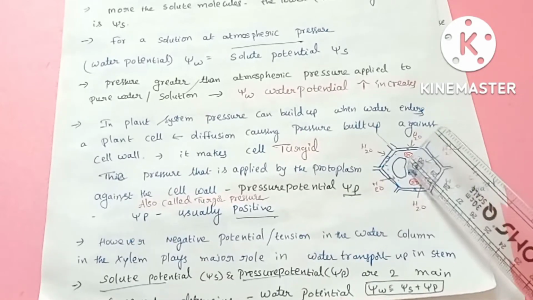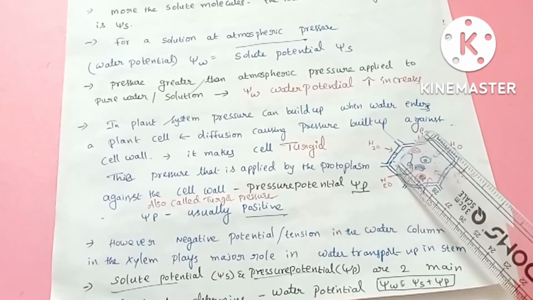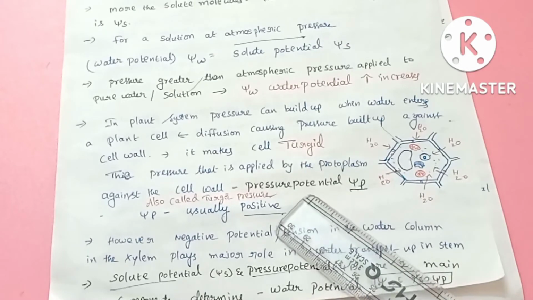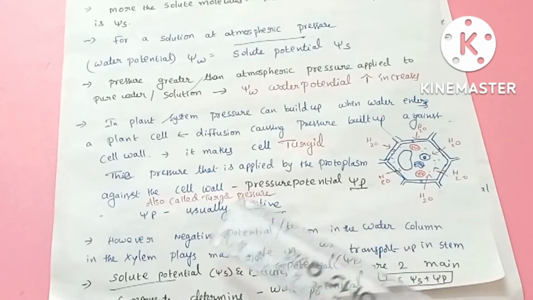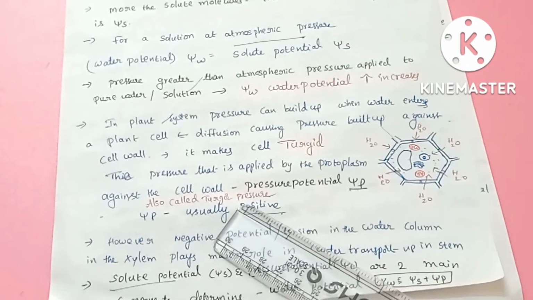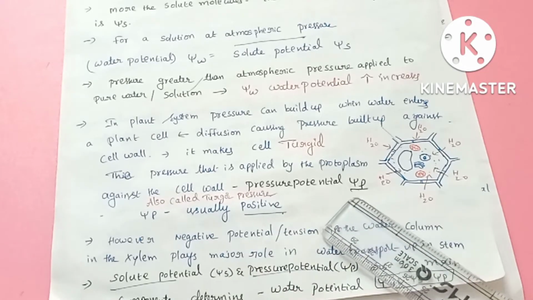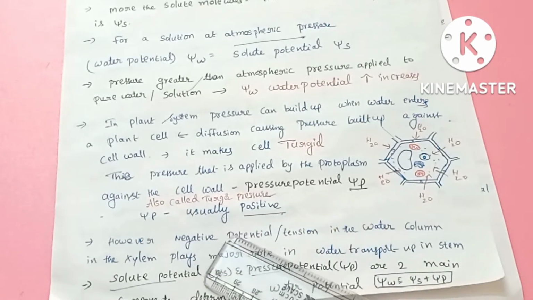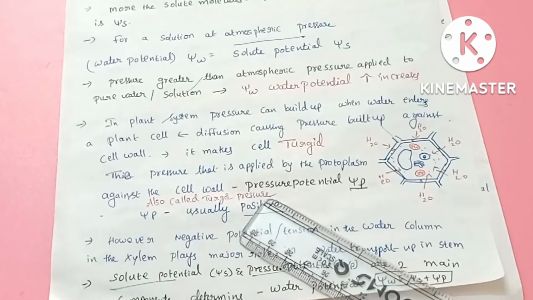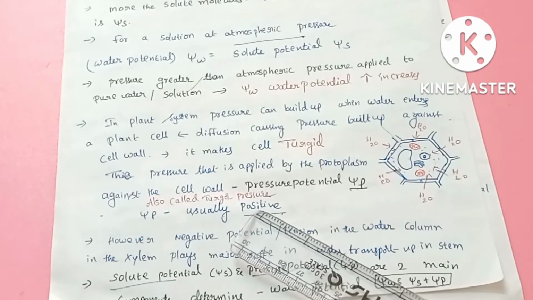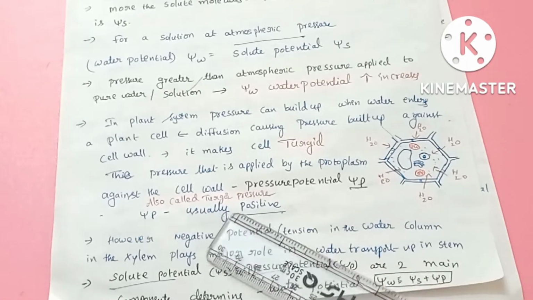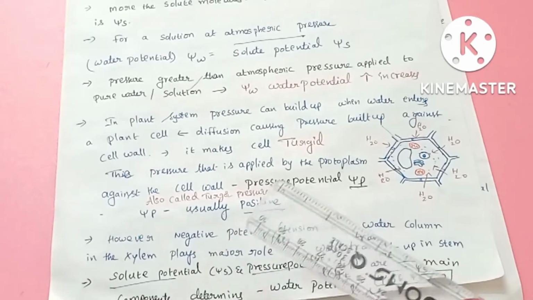The pressure applied by the protoplasm against the cell wall is called pressure potential. It is also called turgor pressure, denoted by psi p, and this psi p is always positive. We studied that solute potential is always negative, but pressure potential is always positive.